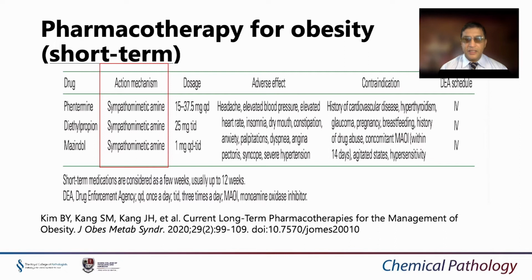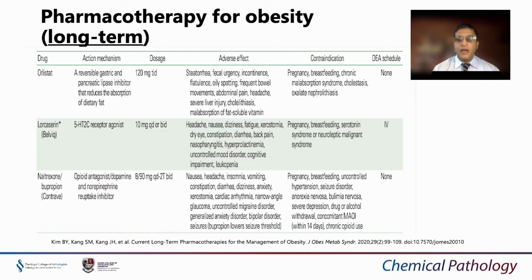Pharmacotherapy can be administered in the short term, and usually sympathomimetic amine drugs are recommended. For example, phentermine. These do have side effects, and the adverse effect profiles need to be considered when administering these drugs. Other long-term anti-obesity medications include drugs like orlistat, which is quite commonly available and commonly used. This is a gastric and pancreatic lipase inhibitor.